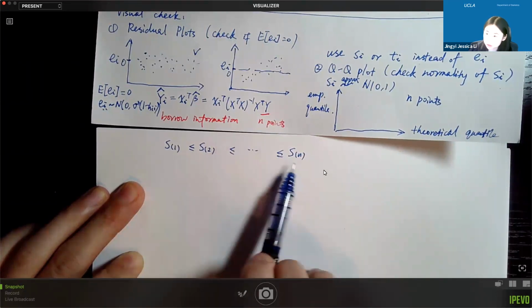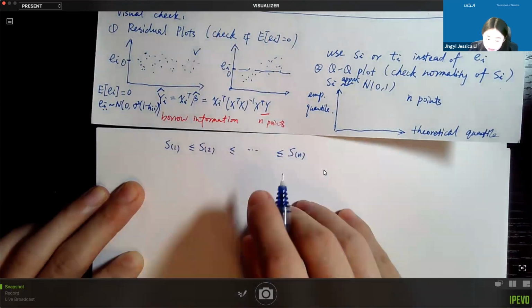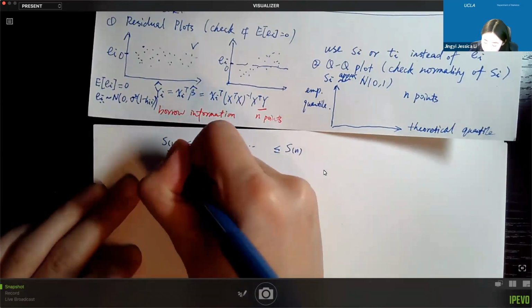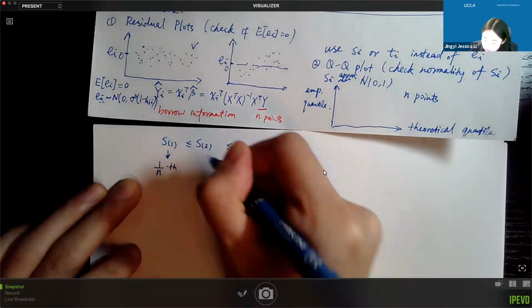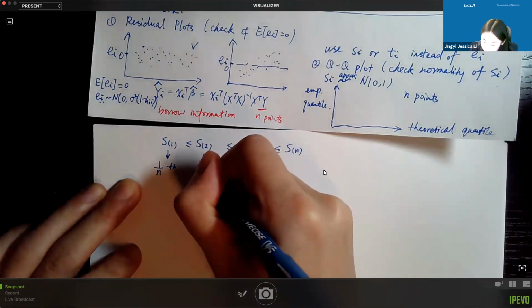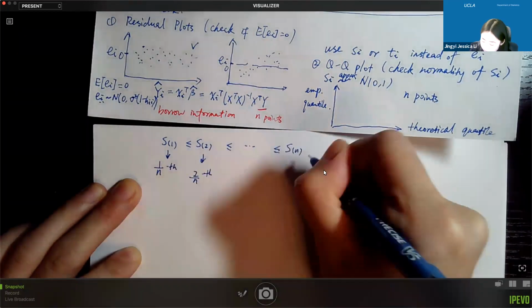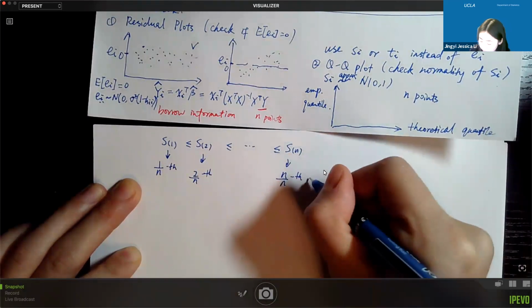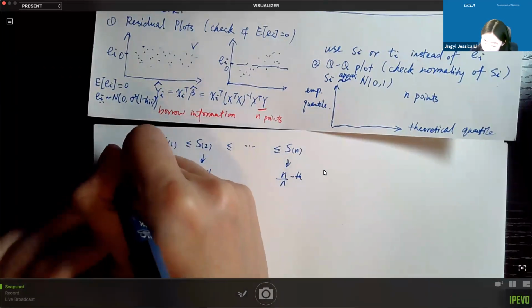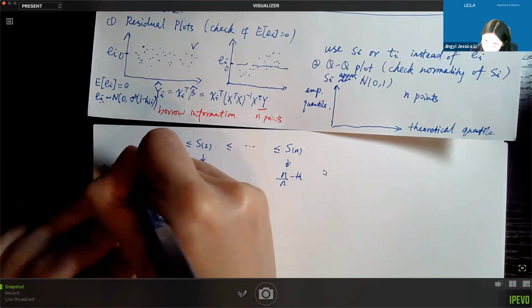That's the empirical distribution. Correspondingly, this one is the 1 over n quantile, this is the 2 over n empirical quantile, and this is the n over n empirical quantile. Okay, these are the empirical quantiles.